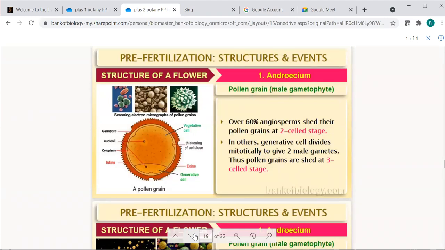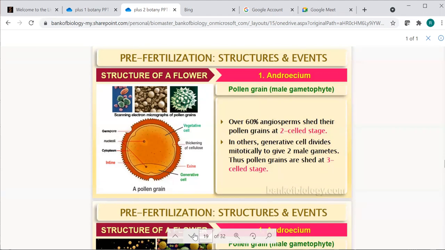Then again, after mitosis, the pollen grain is formed by one vegetative cell and two generative cells, G1 and G2. That is called the 3-cell stage. Okay, first the mother cell, through meiosis, forms male gametes.